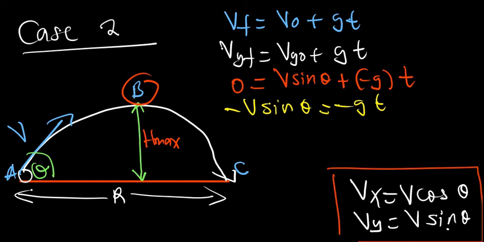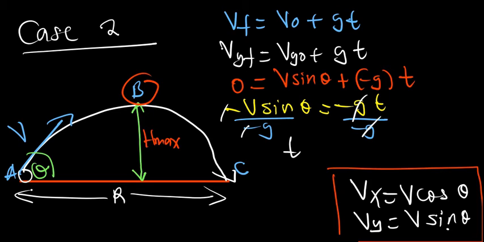Our goal is to find T. Let's divide both sides by negative G. So these two will cancel. Negative and negative will go. Therefore T, this T we are talking about is the T from A all the way to B.